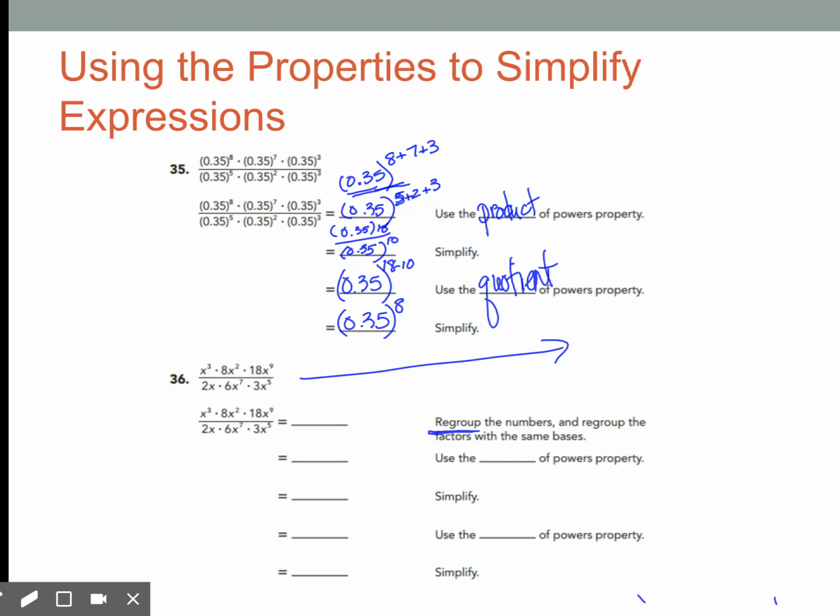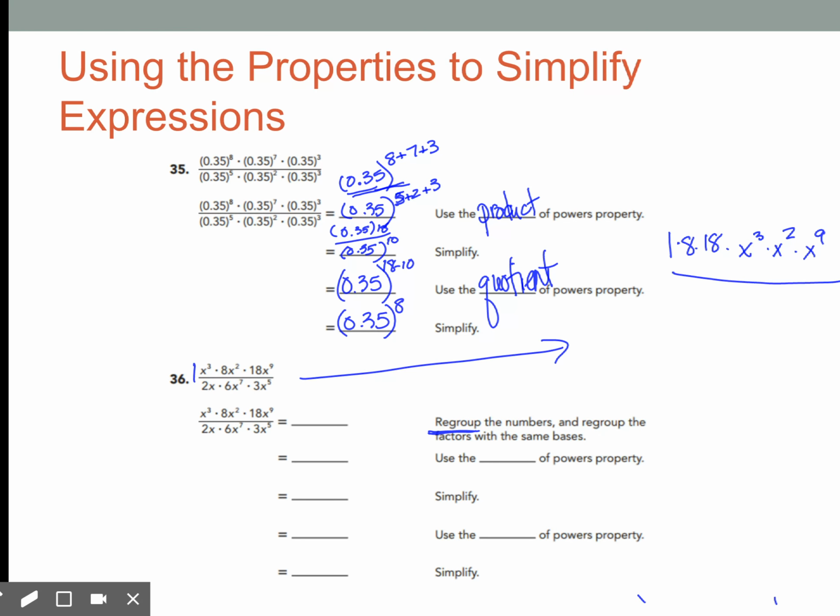So I'm going to first have 1, and then I'm going to put my x cubed over here. I'm putting the 1 just so I know I'm separating it at the right time, times 8 times x squared times 18 times x to the 9th.